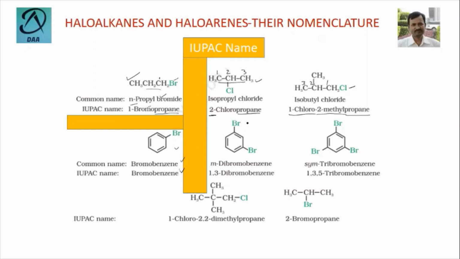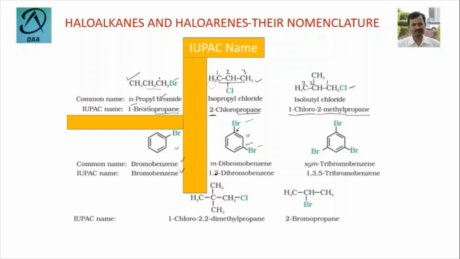But for dihalo substituted, here two bromine atoms are attached to carbons of the benzene ring at different positions. In this case, the common name is meta-dibromobenzene, because this is the ortho position with respect to this bromine and this is the meta position.